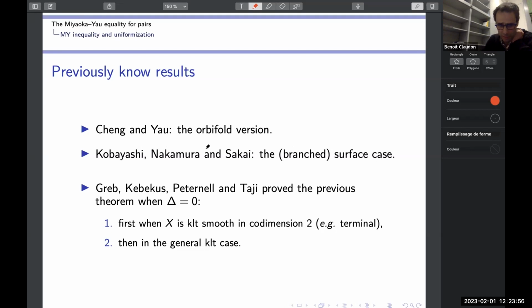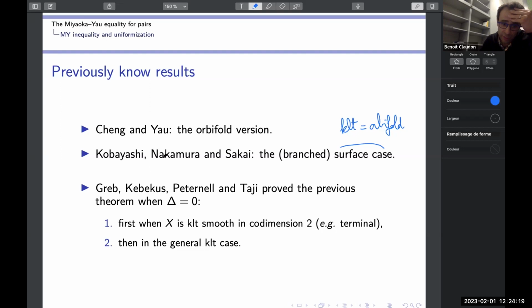If you remember, I said that in the surface case, KLT is nothing but orbifold singularities.